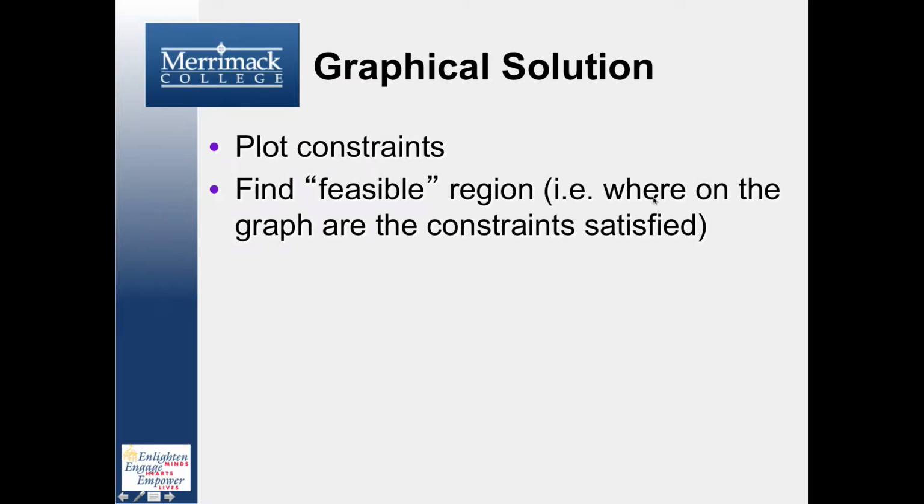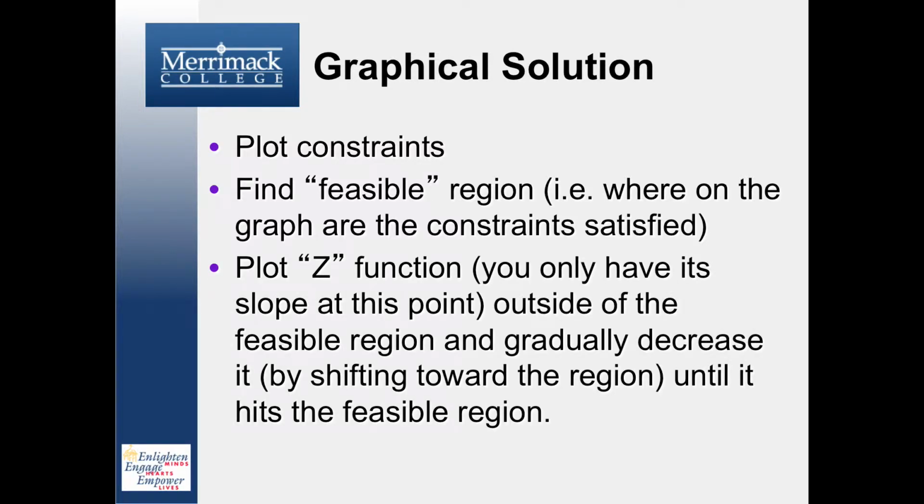So the way that's done is to plot the constraints. It's a nice way to start because then you see what's actually happening. You can plot the constraints, find the feasible region, that is where on the graph all of the constraints are satisfied, and then plot that objective function on the graph and see where it first hits the feasible region.